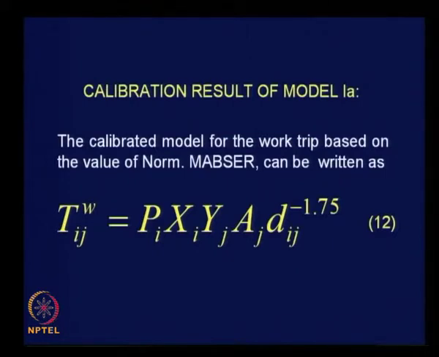So to get the horizon year value of Tij, you should know the values of Pi and Aj corresponding to the horizon year socio-economic condition, right. Unless you predict the values of Pi and Aj, you will not be able to distribute the trips under horizon year conditions, clear.